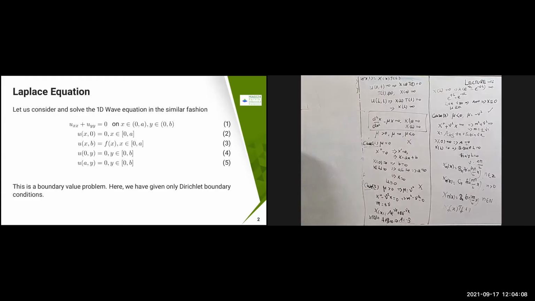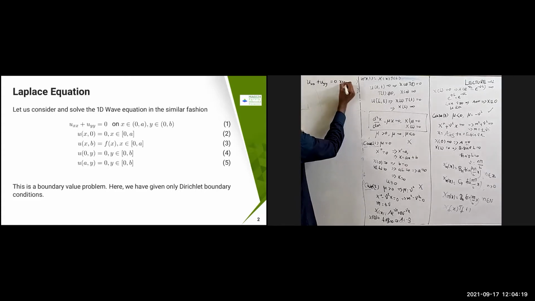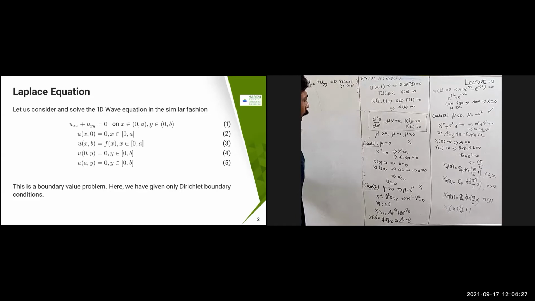In this case, I'm going to take u_xx + u_yy = 0, the Laplace equation, where x belongs to the open interval (0, a) and y belongs to the open interval (0, b). Other than that, I have a Dirichlet boundary condition.